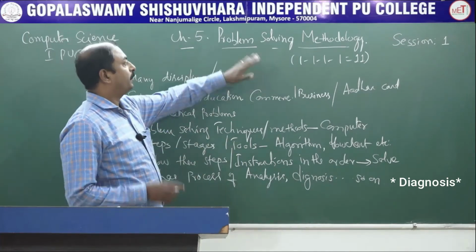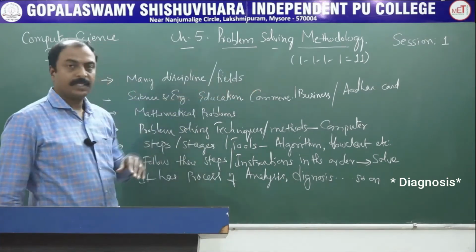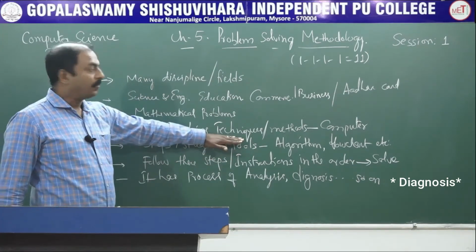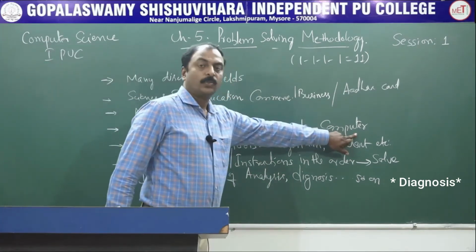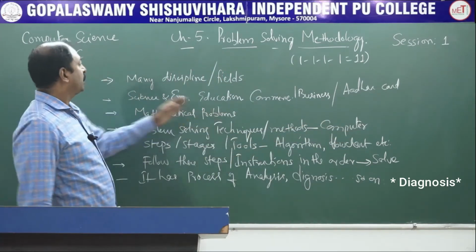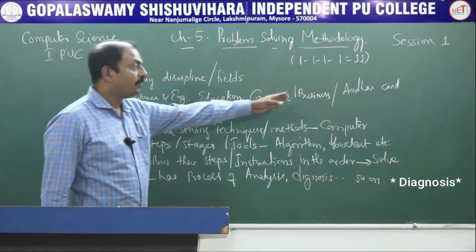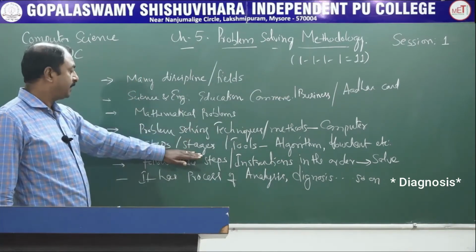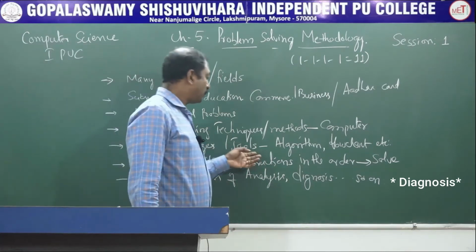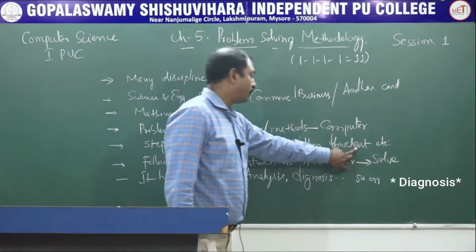So we are using problem solving in many fields. This chapter deals with how to solve a problem using a computer. We are applying the programming concept through the computer to solve different types of problems. It has many steps or stages, and it also has its own tools like algorithm and flowchart.